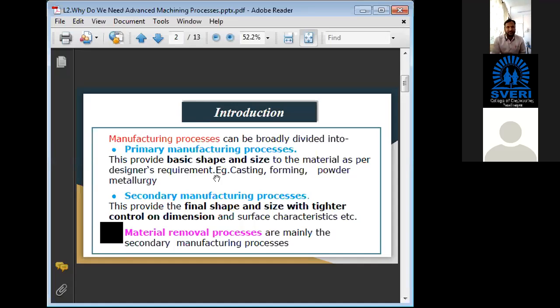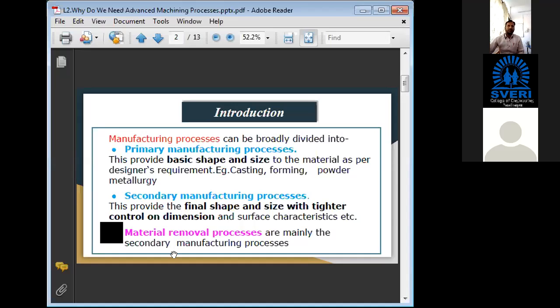So casting, forming, powder metallurgy are primary manufacturing processes because they provide the basic shape and size to the material, not a high finish or accurate dimensions. They provide just the basic shape and size, so it is called primary manufacturing.